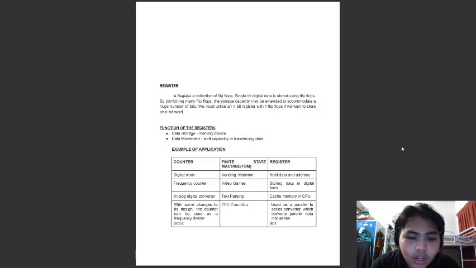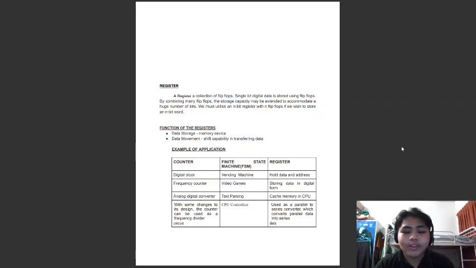For frequency counter we have video games, and register is storing data in digital form. For the next example of application, text parsing: for counter we use analog-to-digital converter, and for register we use cache memory in CPU.